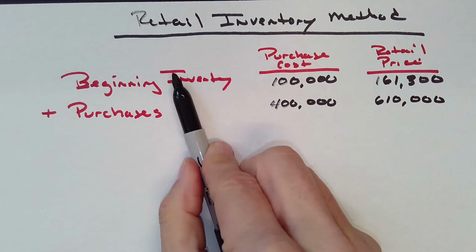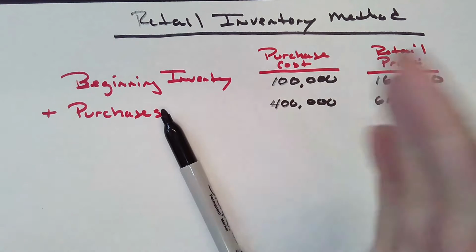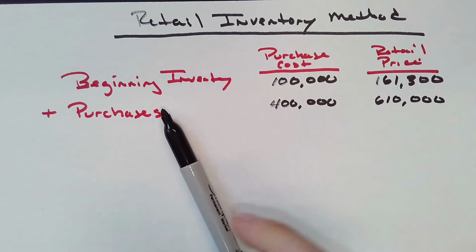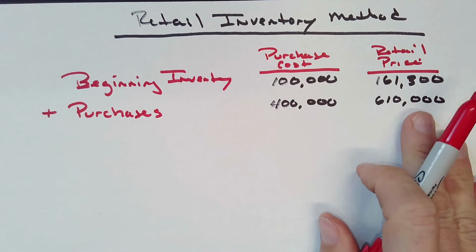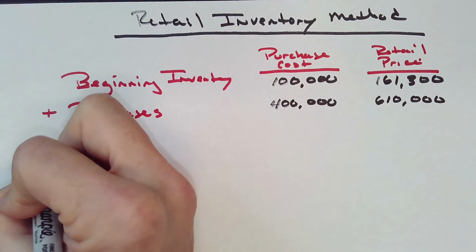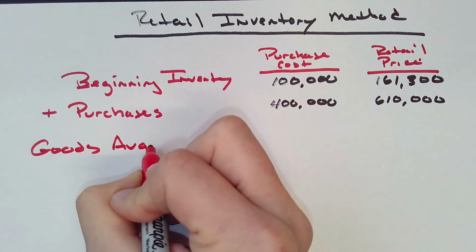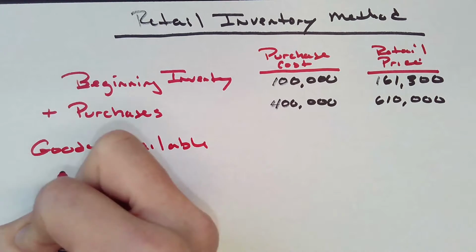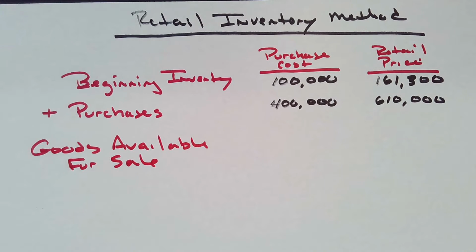The combination of beginning inventory plus purchases gives me what we call goods available for sale. So I'm just going to put a little subtotal in here. Normally you don't have to do this, but in retail inventory you do. So I'm going to put in this little subtotal, and this is called goods available for sale. It's an important subtotal, and I'll explain to you why.